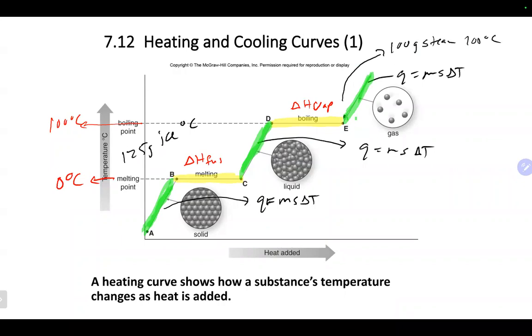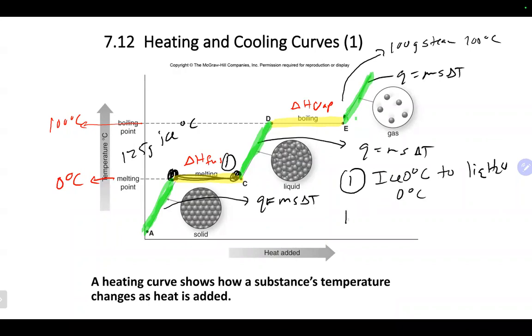So the very first thing that would happen in this process is we would need to take the ice at 0 degrees Celsius to liquid water at 0 degrees Celsius. And that is basically coming from here across here. That would be step number 1 right there. Obviously, we're not changing the temperature, but we are changing the phase. So that would be our heat of fusion.